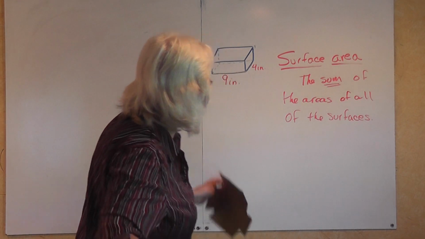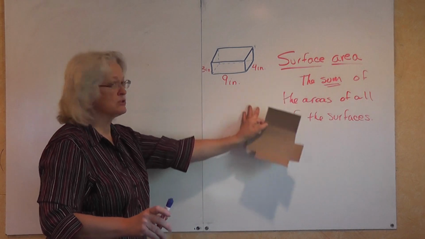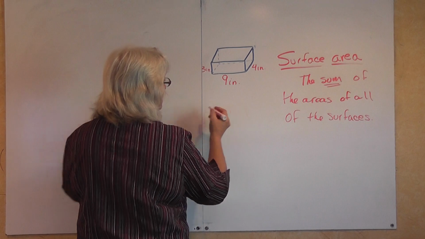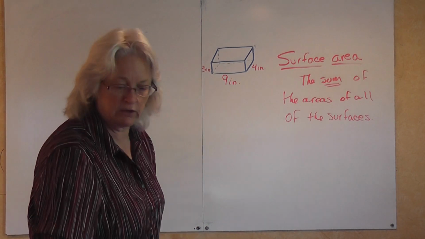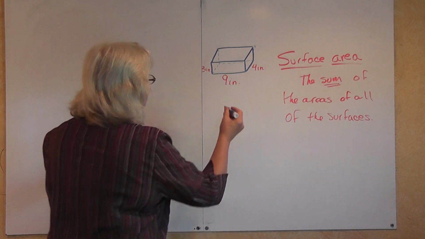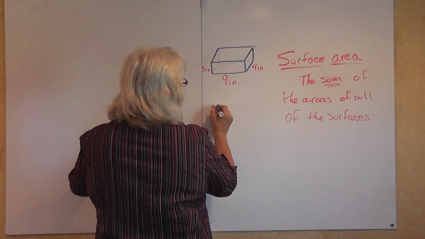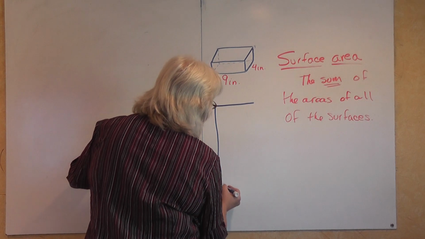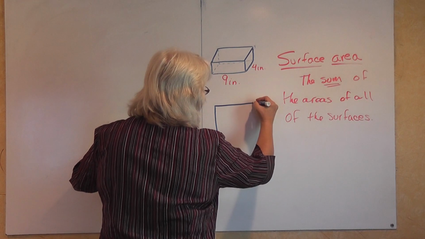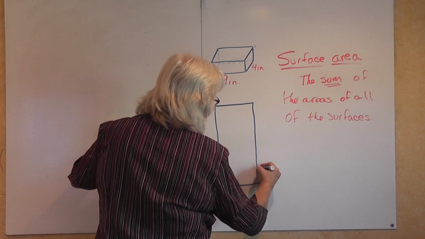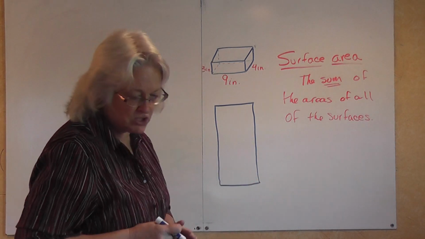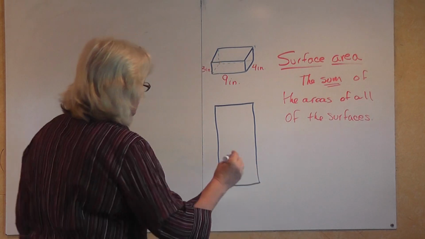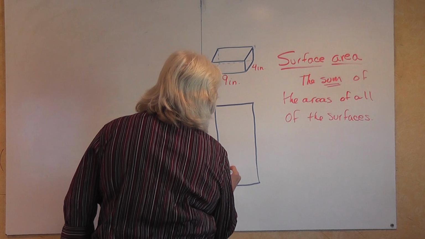So let me just go ahead and sketch right here this unwrapped box, or opened up, made into 2 dimensions, rectangular prism. And I'm sketching in here what they actually have written in your book.